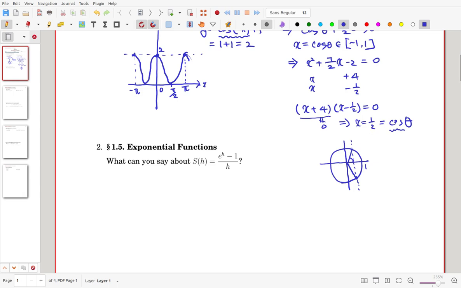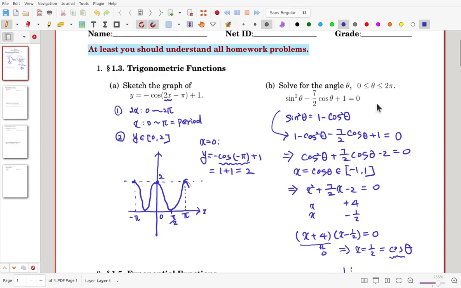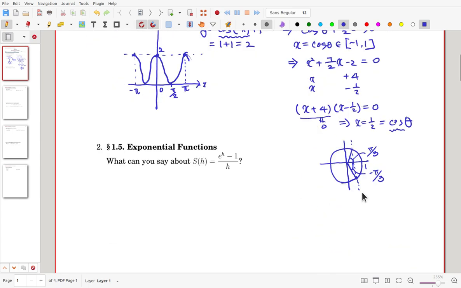Of course, this angle is pi over 3, and this angle is minus pi over 3. But we have to find the angle between 0 and 2 pi, so rather than minus pi over 3, we have to write 5 pi over 3, measuring the angle in this way. So we have two solutions, this and that.